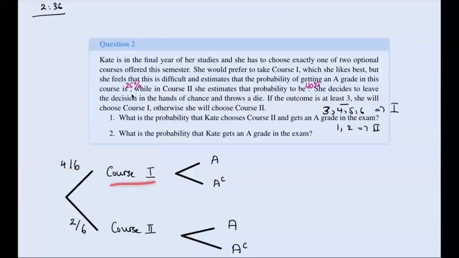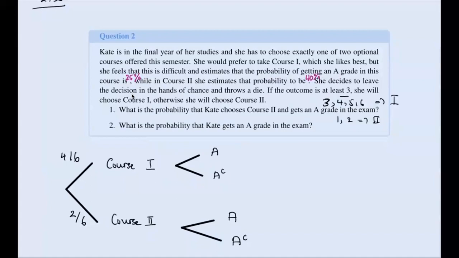And if Kate takes course 1, then the probability that she gets an A is 25%, which means the probability that she does not get grade A, given that she takes course 1, is 75%.